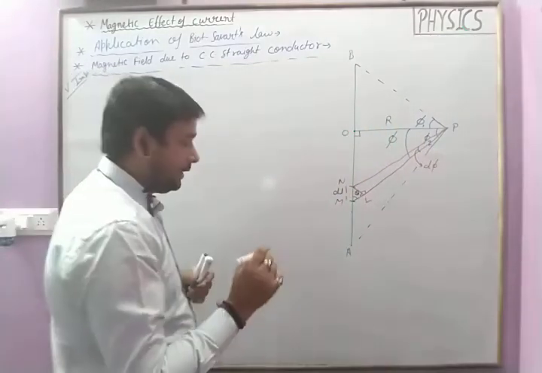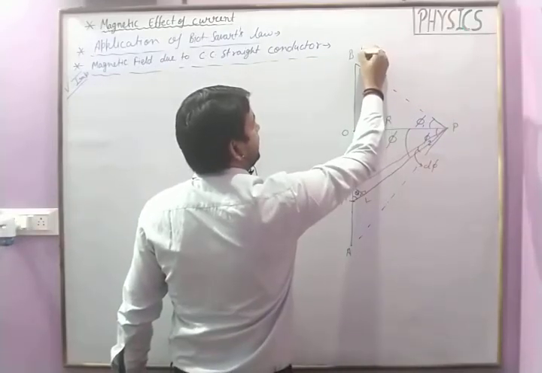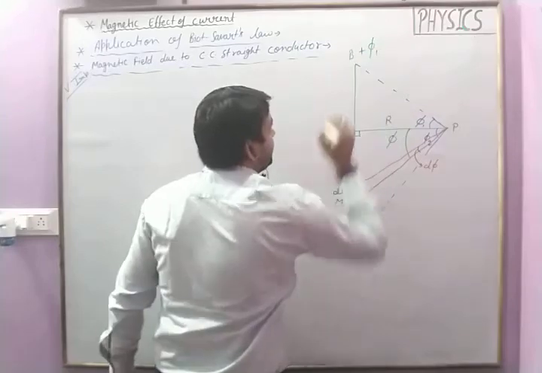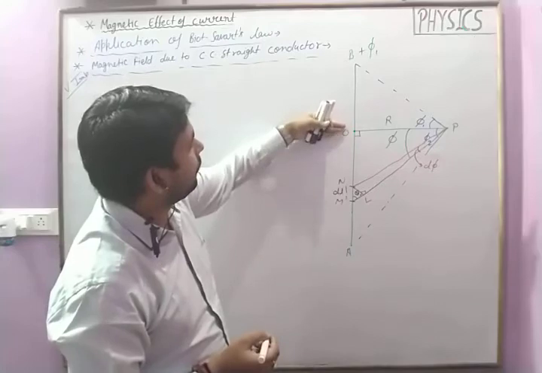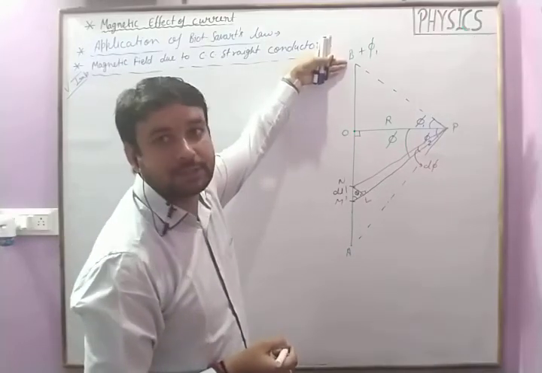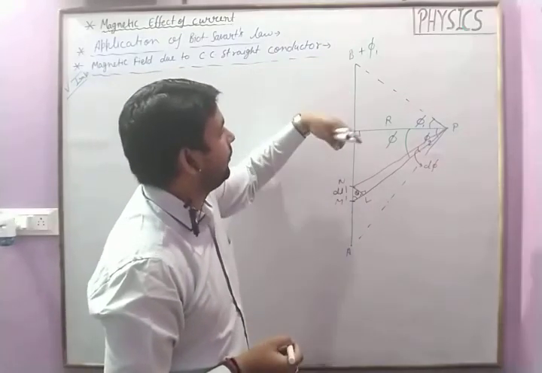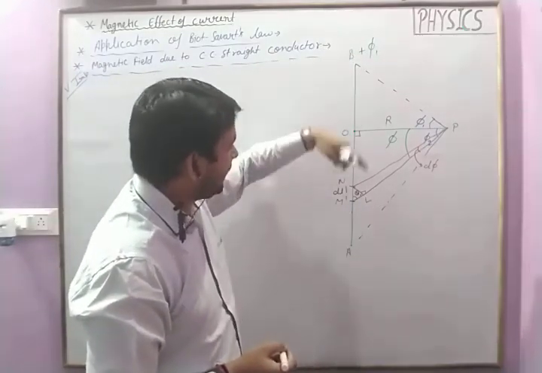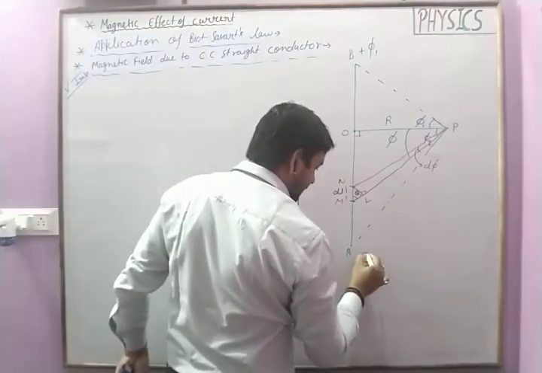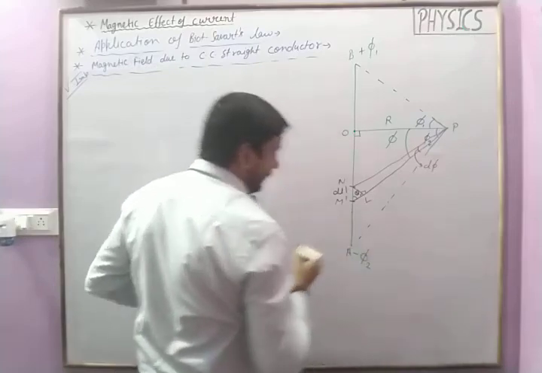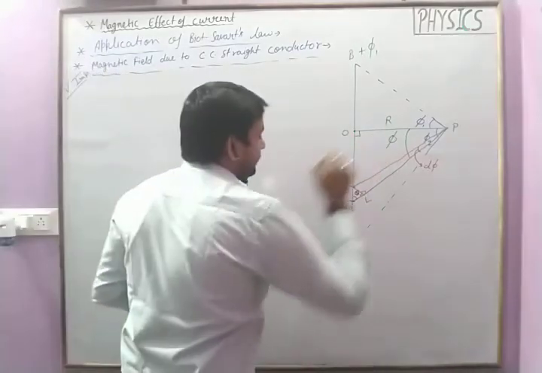Second, we observe that above the line we take the positive angle, so phi 1 is positive because we are moving from O to B. Above the line OP is a positive angle and below the line OP is a negative angle. So the angle below is phi 2, and we have used phi 2 as negative. Clear? Now understood about the figure.